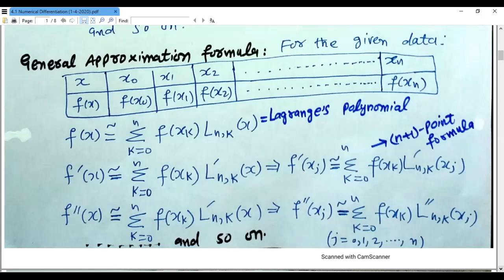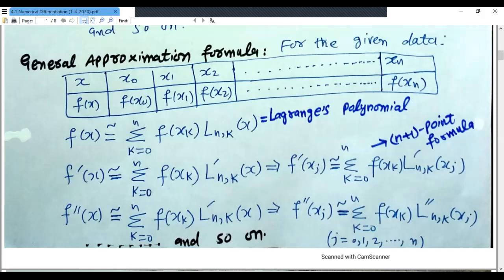The function f of x is approximately equal to the nth degree Lagrange interpolating polynomial, the summation of f of x k times L n k of x, where L n k of x are the Lagrange coefficients and f of x k are the values given in the above table. So simply find the derivative of this Lagrange interpolating polynomial.